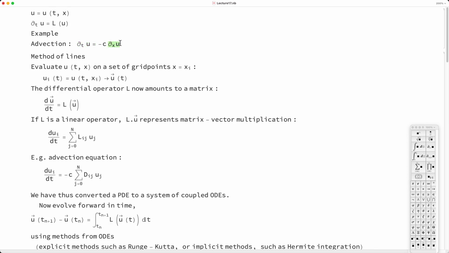So we can impose that partial x of u is 0 on the left boundary. In other words, if we inspect this, Lij uj is 0 if i equals 0 or 1, the first grid point. In other words, Dij uj must be 0 for the first grid point i.